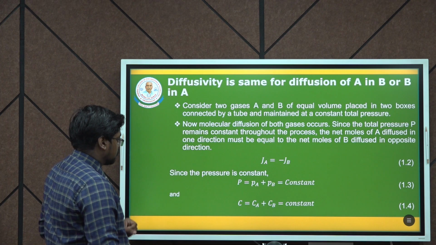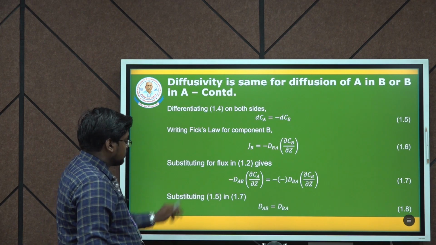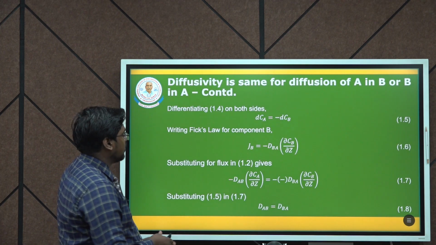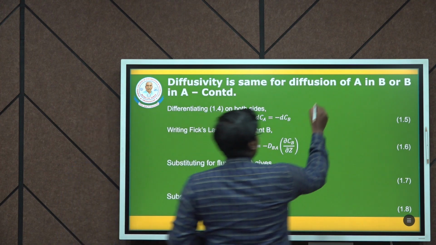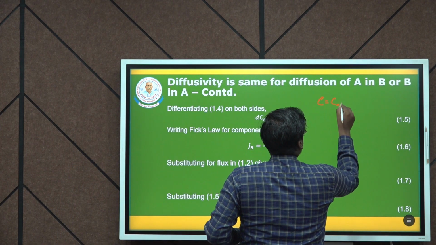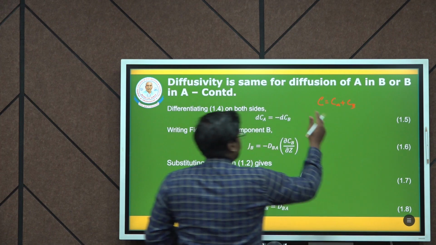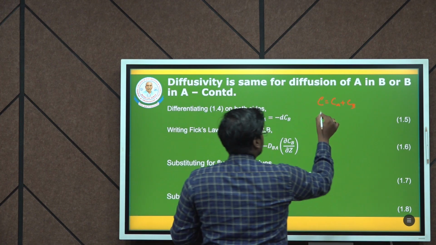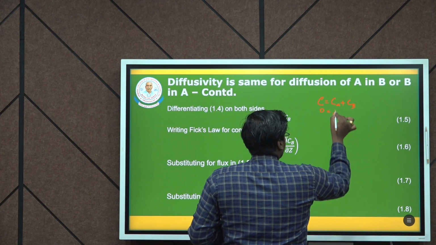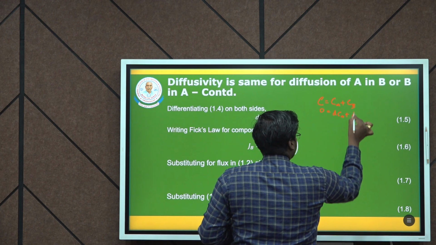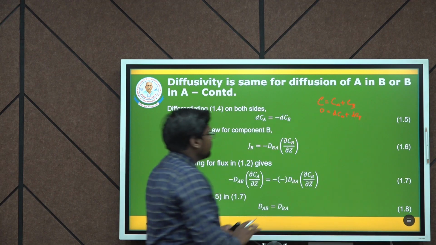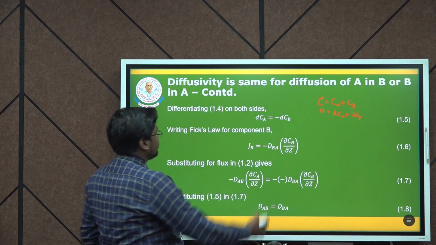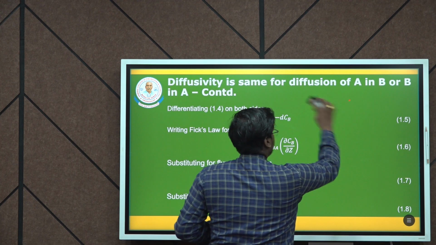In this process, C is equal to Ca plus Cb. If we differentiate both sides, differentiating a constant gives 0, so we get dCa plus dCb. Rearranging this, we get dCa is equal to minus dCb.